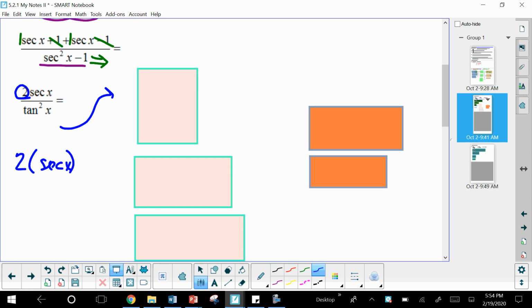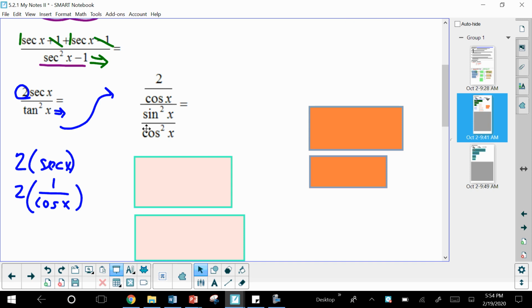Well, if we want to change the secant x into sines and cosines, it's going to be 2 times the reciprocal rule, which is 1 over cosine x. And then tangent squared, you guys should remember that one from the other day. That's our quotient identity. That's just sine squared over cosine squared. So I changed everything in my problem to sines and cosines, and this is what we end up with.